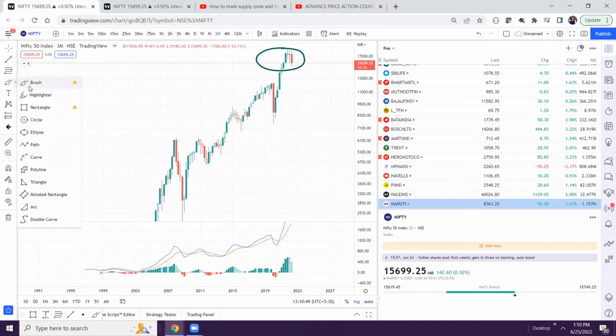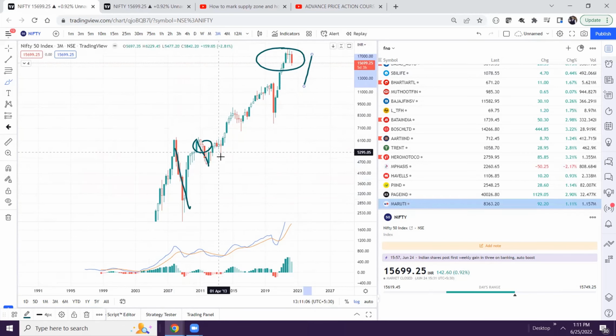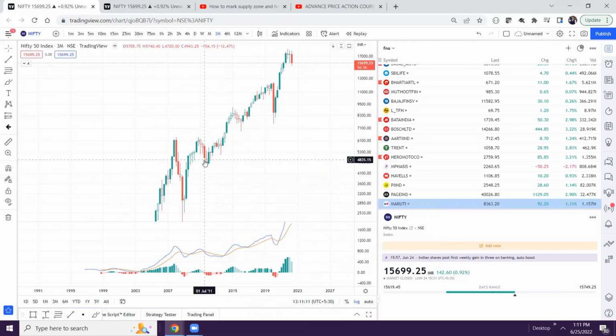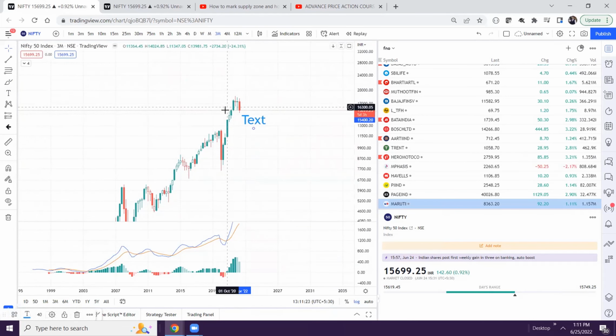So after this, if the three months finish like this, then you can see there will be more follow-up selling. And whenever we get a bullish candle here, because this is a 3-month chart, then only can we say that this selling is over.